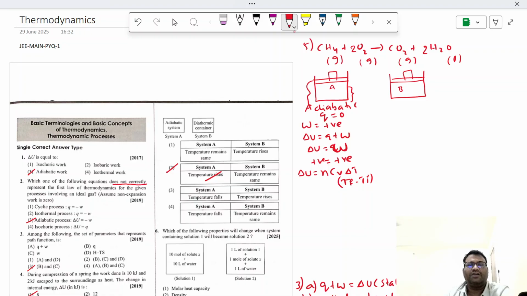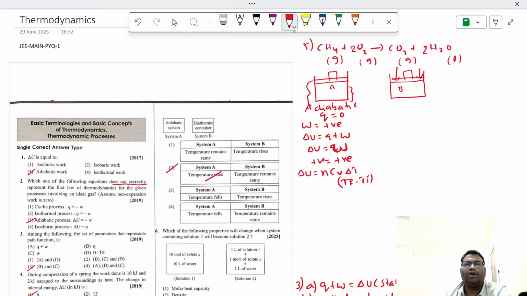There is only one option where you are finding temperature rises. Whereas in B, if you look into it, volume is decreasing. That means work is done on the system. Compression. Already it is said that it is a diathermic container. That means heat can flow out.